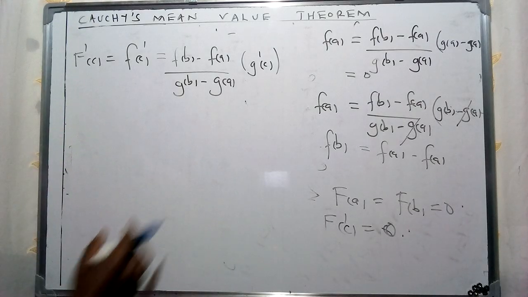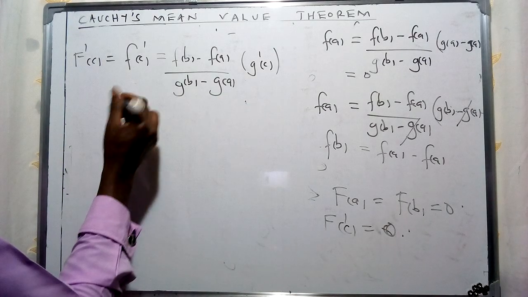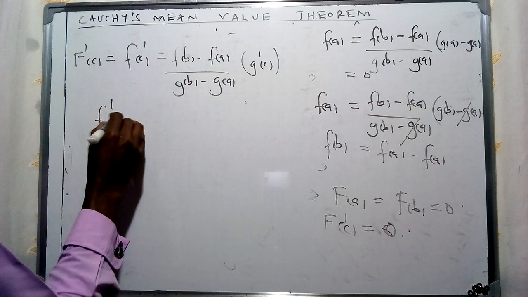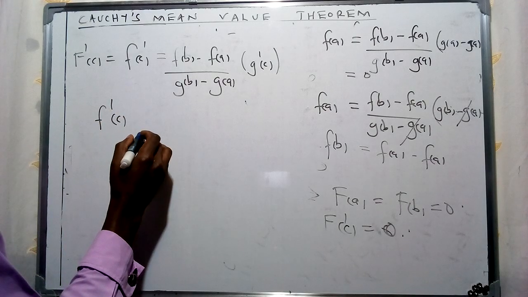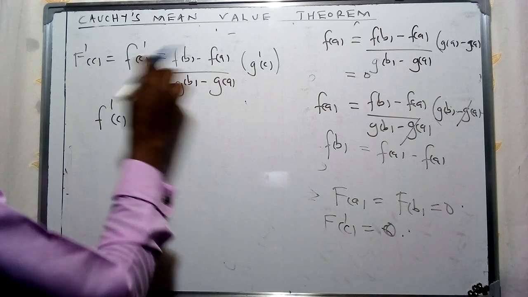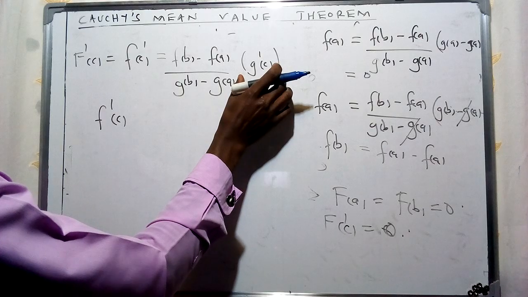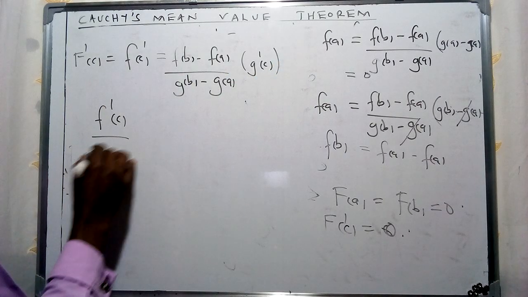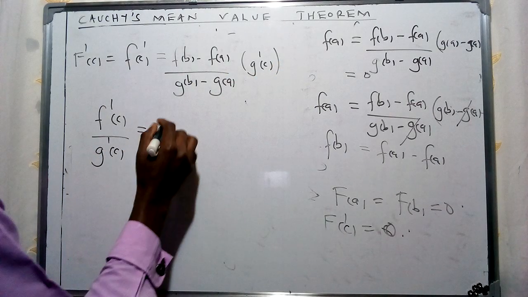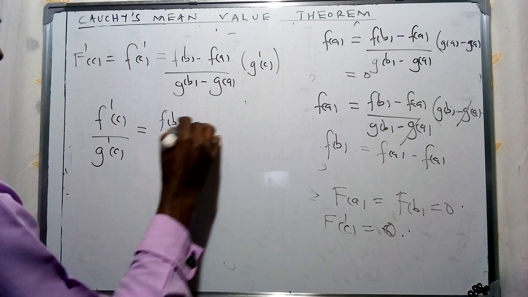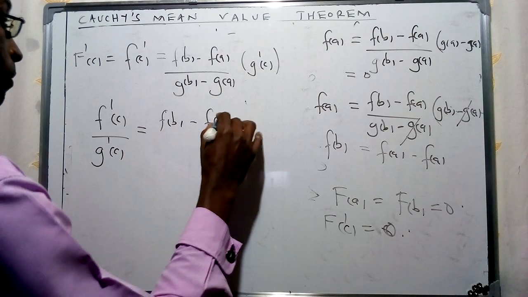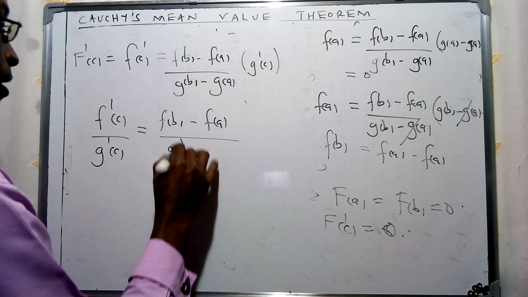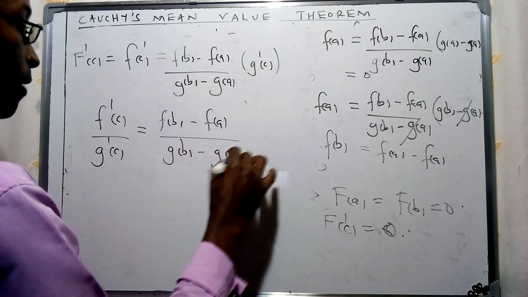So if we do a rearrangement, we have this particular version of the equation given in terms of f prime of c divided by g prime of c, equivalent to f of b minus f of a all over g of b minus g of a, given as such.